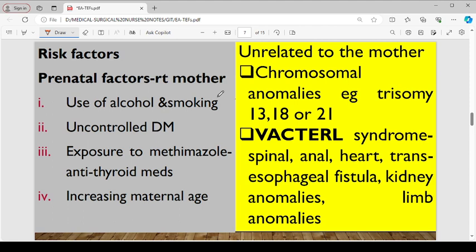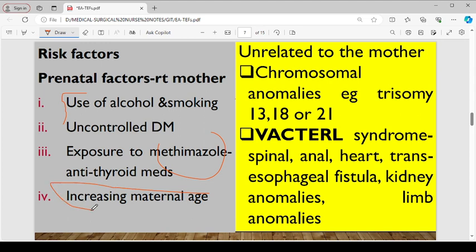In terms of risk factors, especially those related to the mother, you find that there is a positive correlation with the use of alcohol and smoking, mothers with uncontrolled diabetes mellitus, and exposure to antithyroid drugs like methimazole, right? And also increasing age.